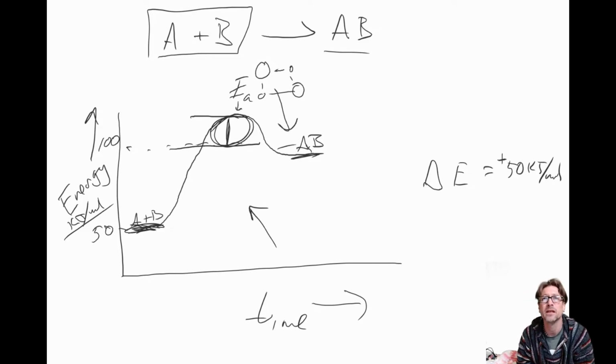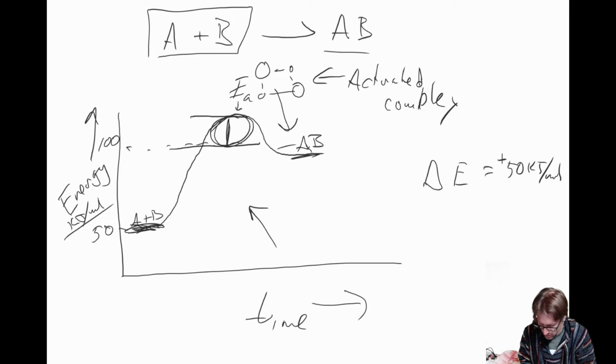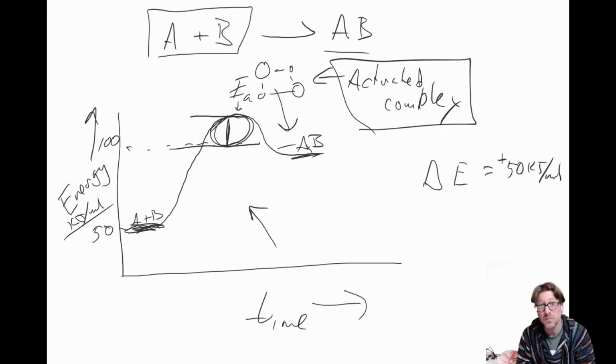Just an intermediate, we call it an activated complex. It lies at the top of the activation energy. That's your basic graph. Don't forget, we need to know activated complex or intermediate. I think we're okay with that.